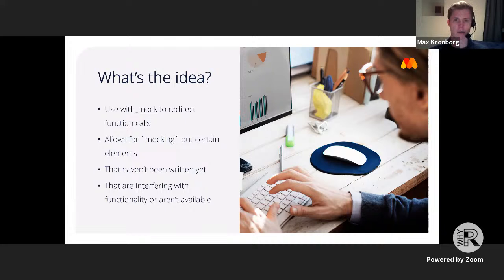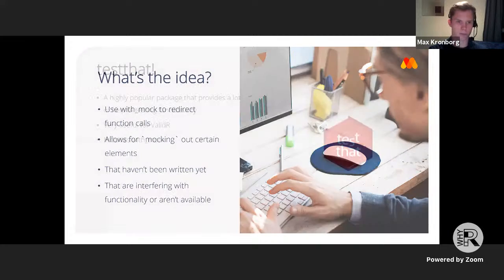You could also mock out code that hasn't been written yet, so a function call to a function you haven't written but that you're going to write. You can mock the result. Or in situations where the things you're replacing are interfering with the functionality you want, or where it's trying to access something that's not available for whatever reason on your current system or due to some limitation in the way you're working.